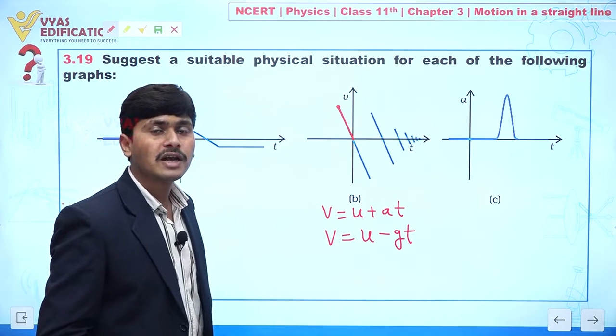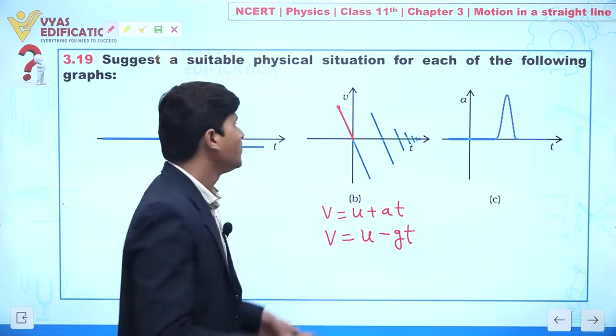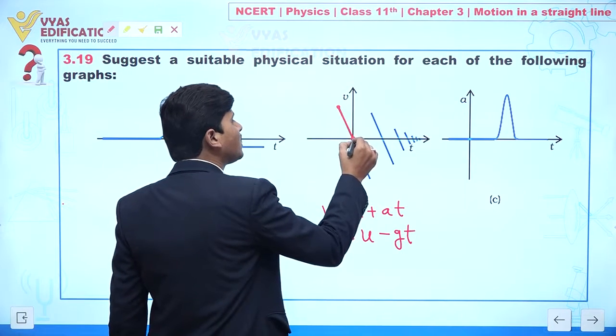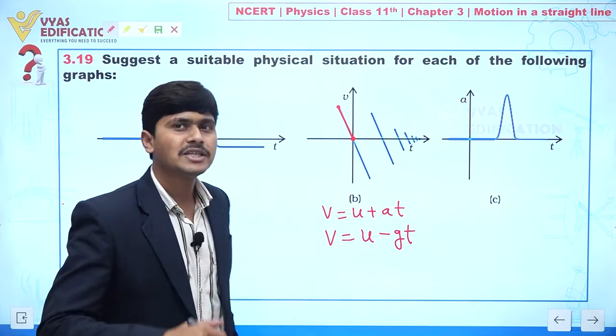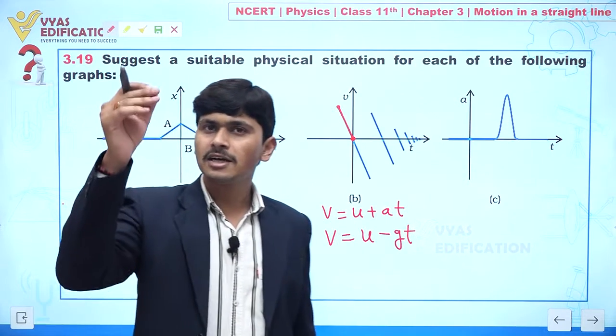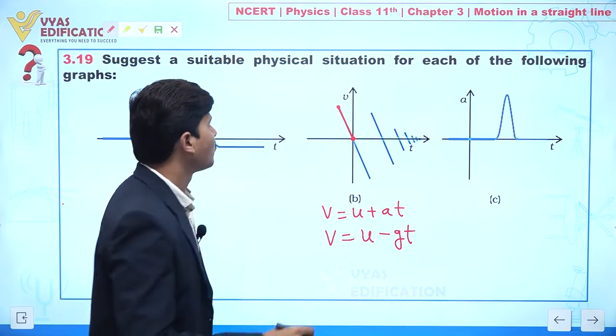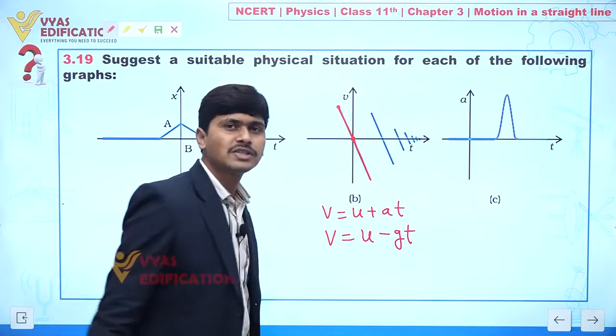What will happen after that? When the ball reaches the maximum height, its speed becomes 0. After that it comes in the downward direction, so its speed increases, but the direction of velocity is different.